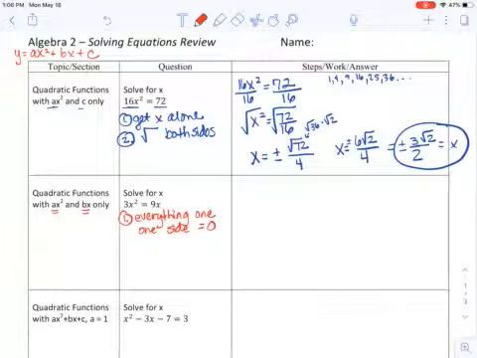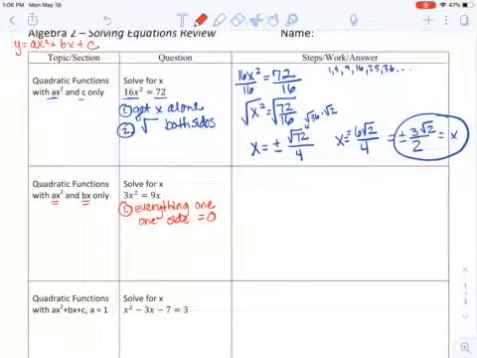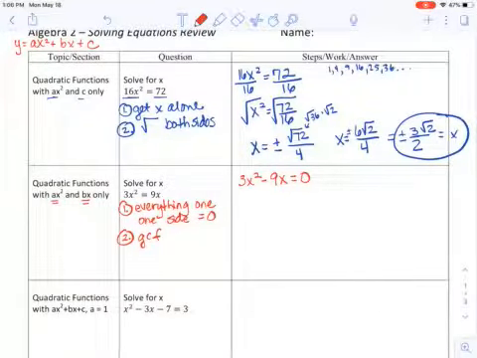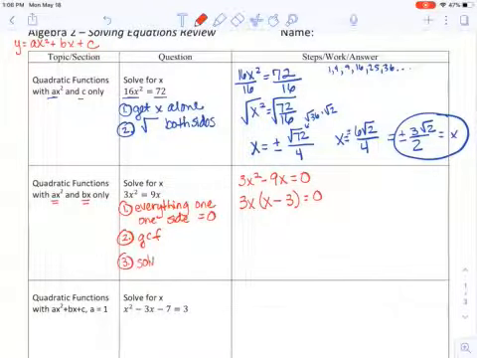Okay, and then that of course equals 0. So for this one, it's going to be 3x squared minus 9x equals 0. Then see if there's a greatest common factor. If there is, factor it out. So on this one, we're going to take out a 3x, and that's going to leave us an x minus 3. And then solve the pieces.